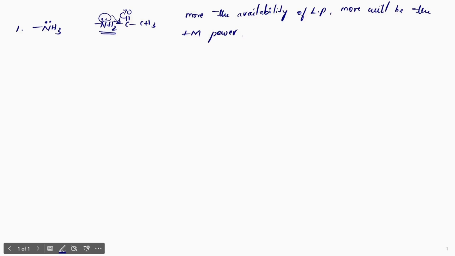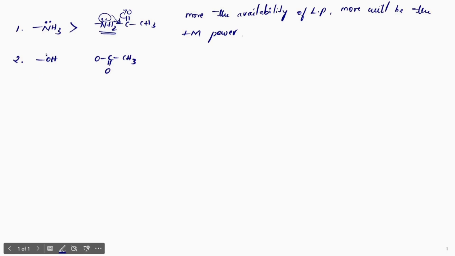So NH3 has more positive mesomeric power than NH2C double bond O CH3. Next example, consider OH and O single bond C double bond O CH3.